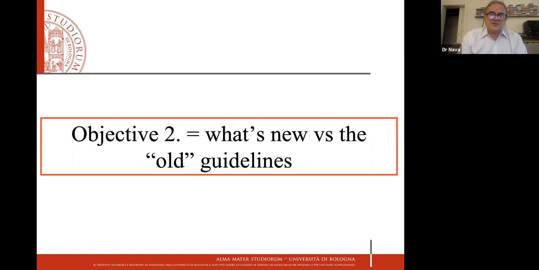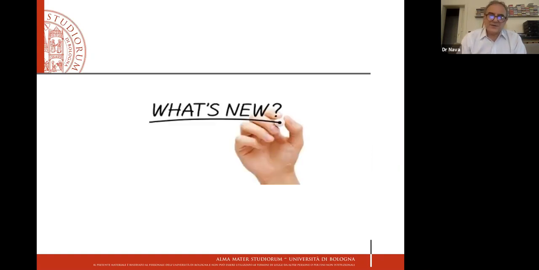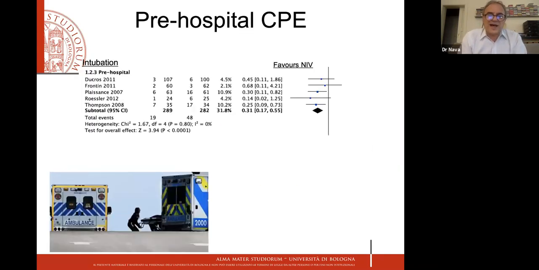What's new versus the old guidelines? First of all, I found this topic extremely interesting: the pre-hospital application of non-invasive ventilation in the pre-hospital setting of cardiogenic pulmonary edema.